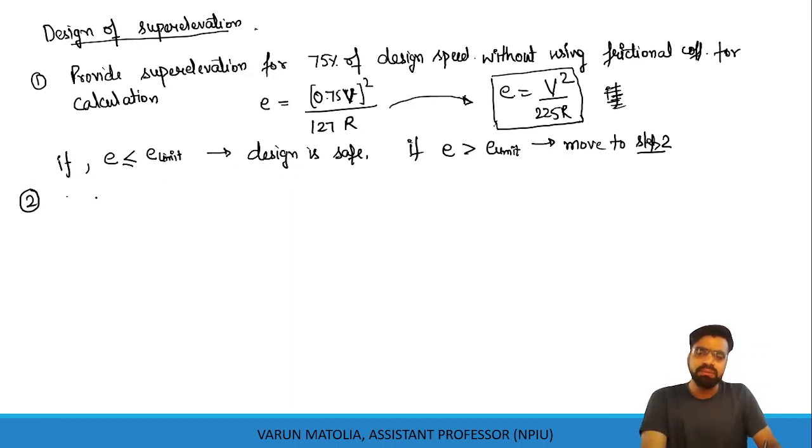We'll write the formula for F, or we can get back to our initial formula. अगर यहां फॉर्मूले से हमारे पास में नहीं आ रहा तो we will get back to our initial formula. Initial formula was E plus F equals V square by GR.